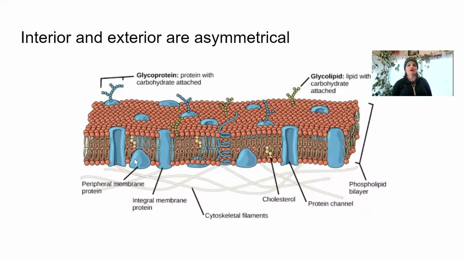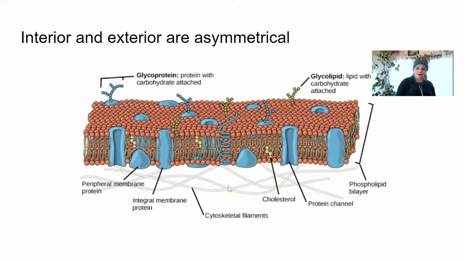Some are stuck to the inside and are just interacting with the phospholipid bilayer and the aqueous solution and a little bit of the fatty acid tails, but they don't push all the way through. We've got some glycolipids, some glycoproteins, and some cholesterol hanging out in there. It's not one for one, but what we see on the inside of the cell is different from what we see on the outside of the cell.